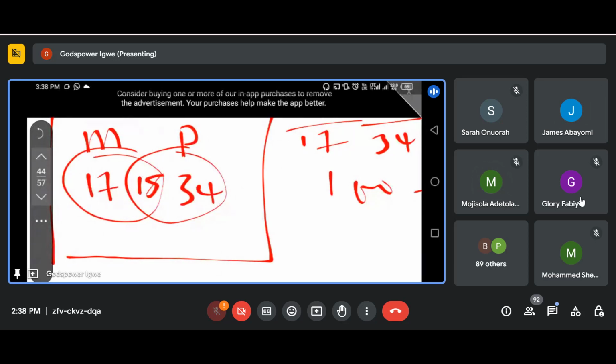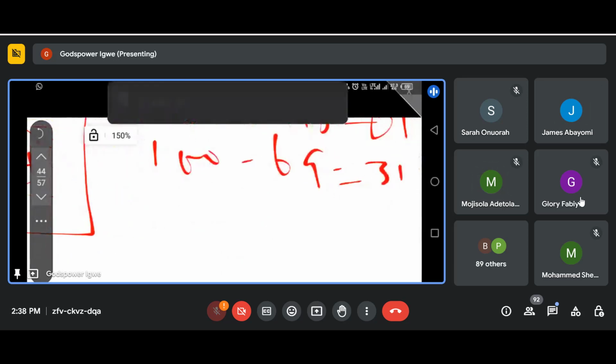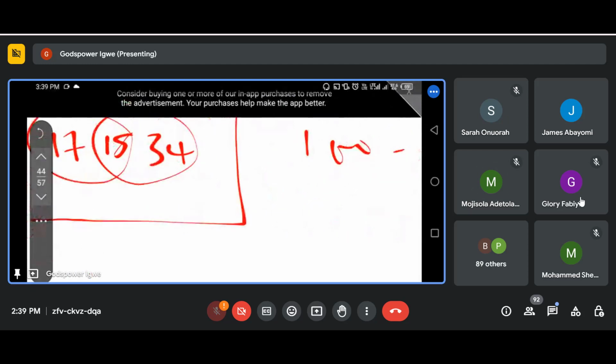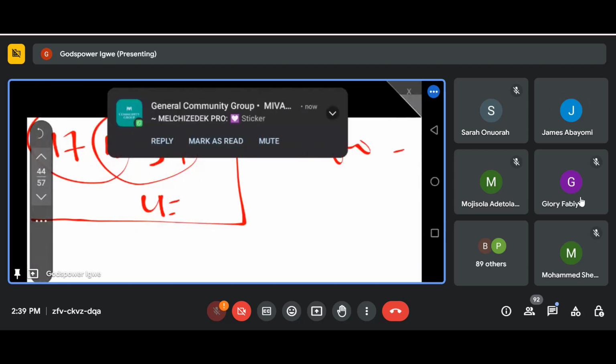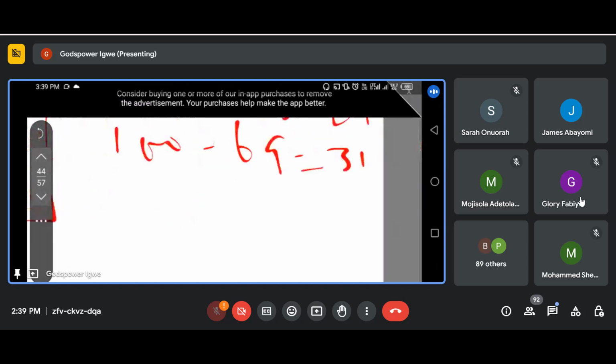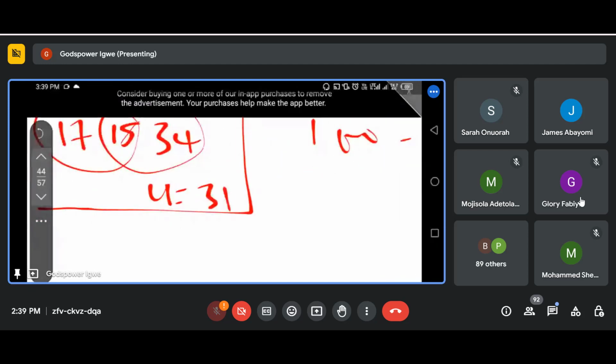Add 17, 18, and 34. That gave us 69. Remember, this U was supposed to be equal to 100. They said the total number of the universal set is 100 students. So now remove the 69 persons that were involved in the exercise. We had 31 remaining. So this is 31.